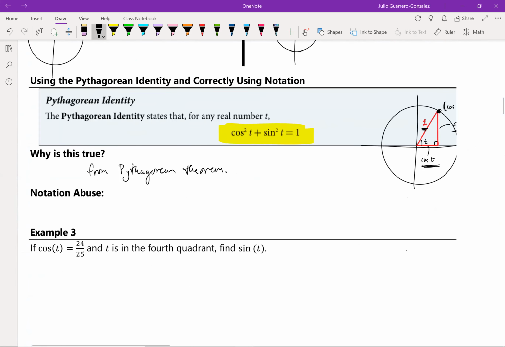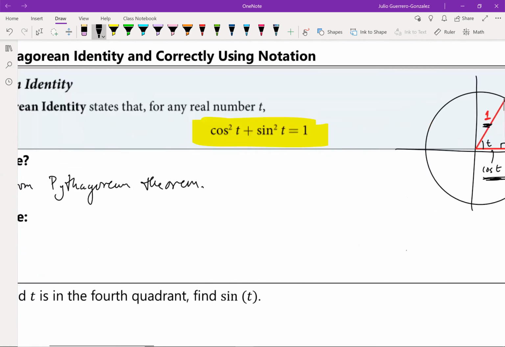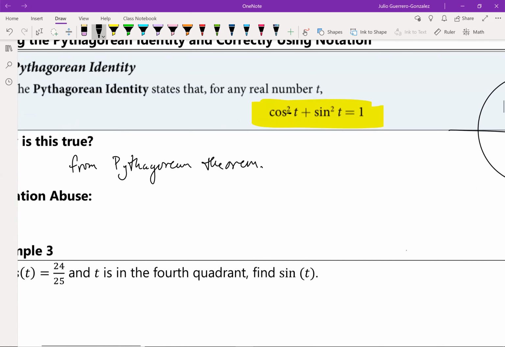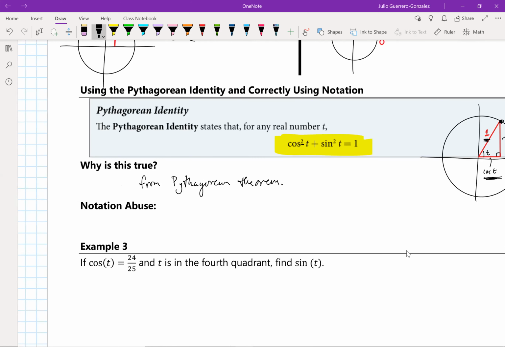Okay. Notation abuse. Notice how when I write an exponent with a cosine, the square is actually inside, not outside. So the notation abuse here is this.